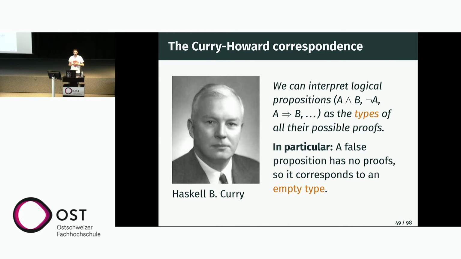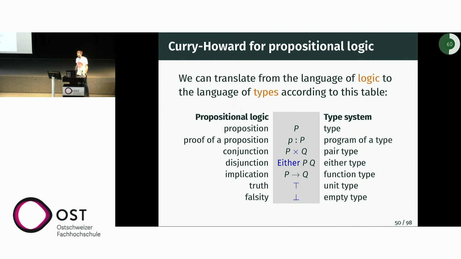Sorry, implication, I'm going ahead of myself. A implies B, how do we prove that? To prove A implies B, we assume that A is true, so we assume that we have a proof of A, and from that we have to construct a proof of B. So it's just a function from proofs of A to proofs of B. Each of these propositions very nicely maps to a type in the type systems that we know and love as functional programmers.